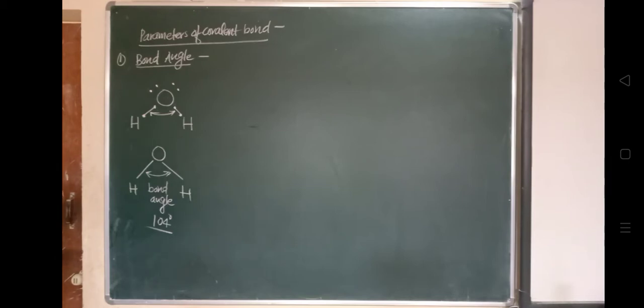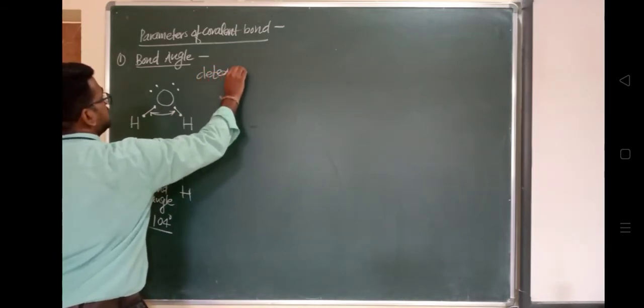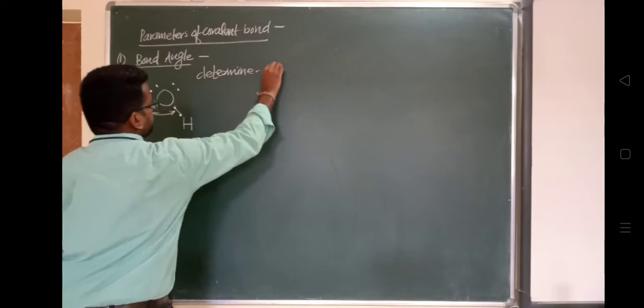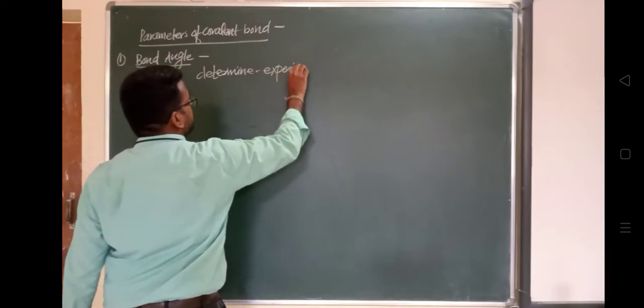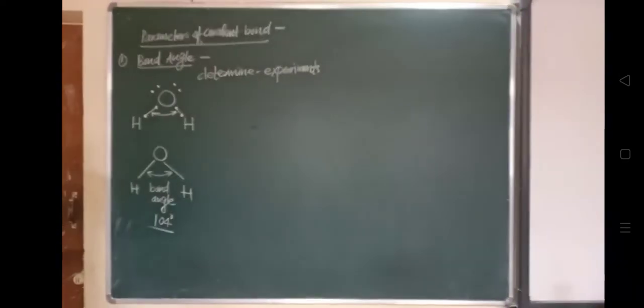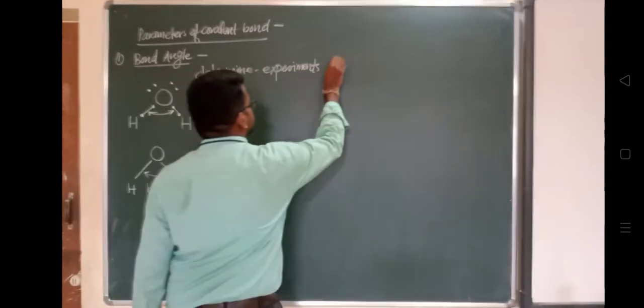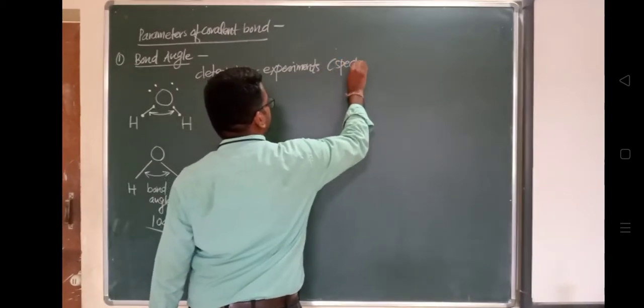These can be observed by using spectroscopic techniques. Spectroscopic techniques are used to find out how much the bond angle is between two different bonds.